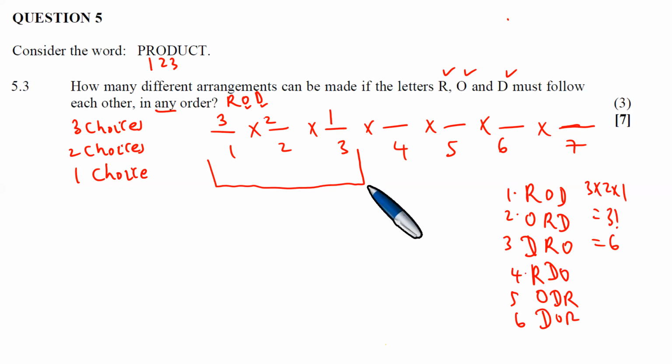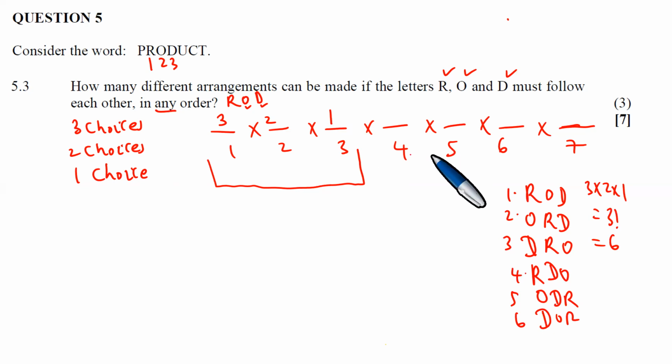Okay. Now here we come. These ones have been organized and they're like one block. ROD, we organize them, they're one block, and then we come to these ones. We are left with a total of how many letters to organize here?